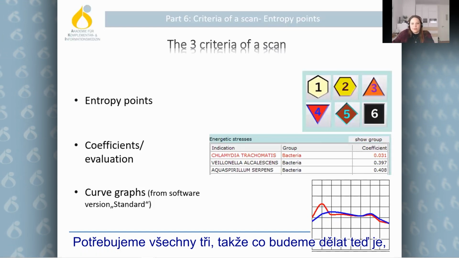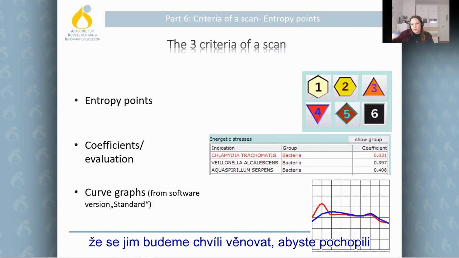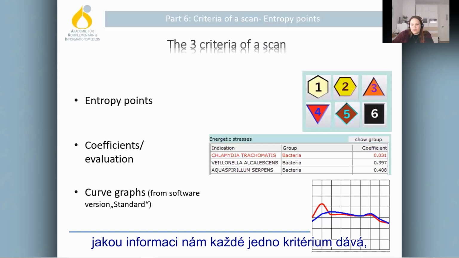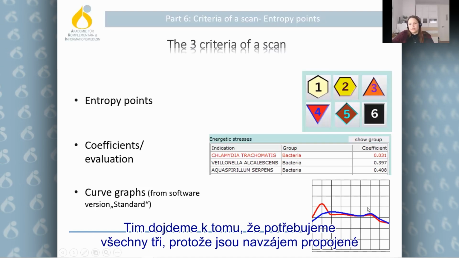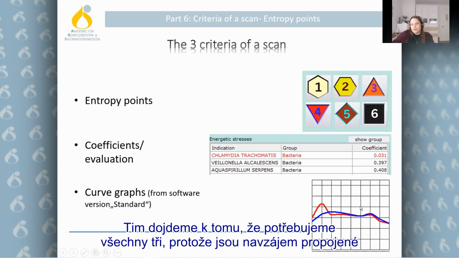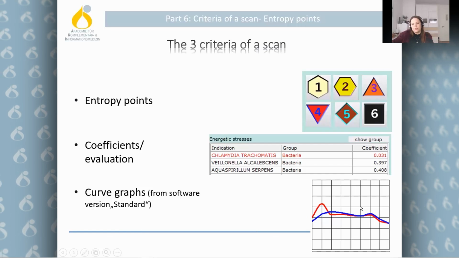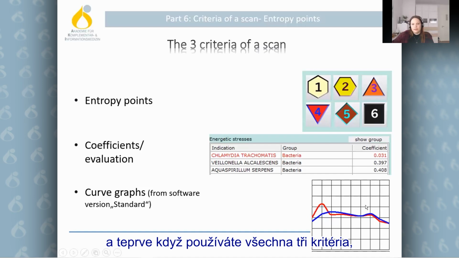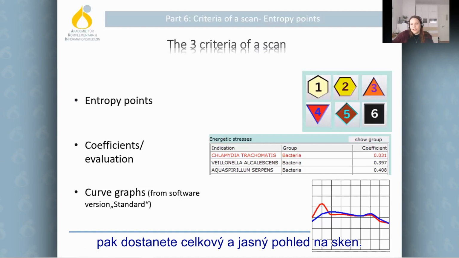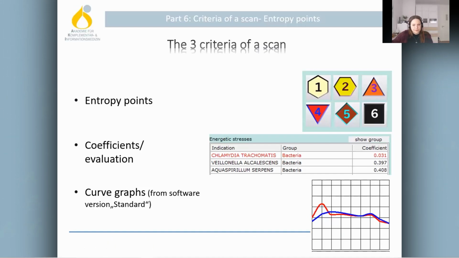This is what we do now, to work on these three criteria, to understand what each criterion gives us as information and what it is not able to give us. This will explain that we need all three of them because they are connected to each other. And when you use all three criteria, you will get the whole picture of the scan.